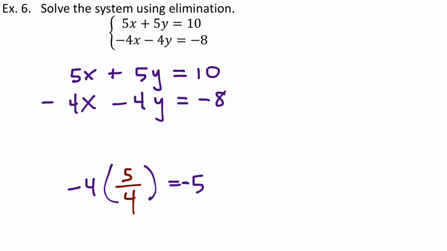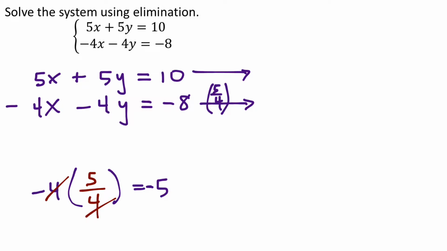All right, and that will give me, if these 4's cross out, that will give me a negative 5. So I'm going to multiply the second equation by 5 over 4. So the first term is going to be negative 5x, and then that negative 4 coefficient is the same here. So we're going to have negative 5y as well.